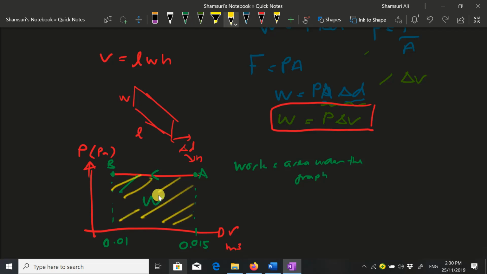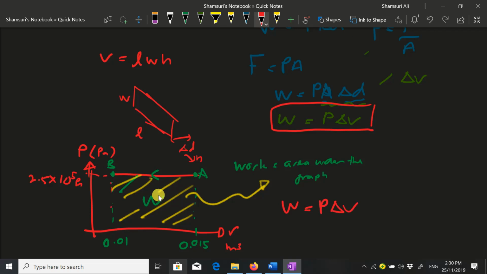So this is work versus the area under the curve. And then we know that the pressure is maintained constant at 2.5 × 10^5 Pascal. So if we apply work, actually pressure times ΔV. ΔV here is the change of the volume.